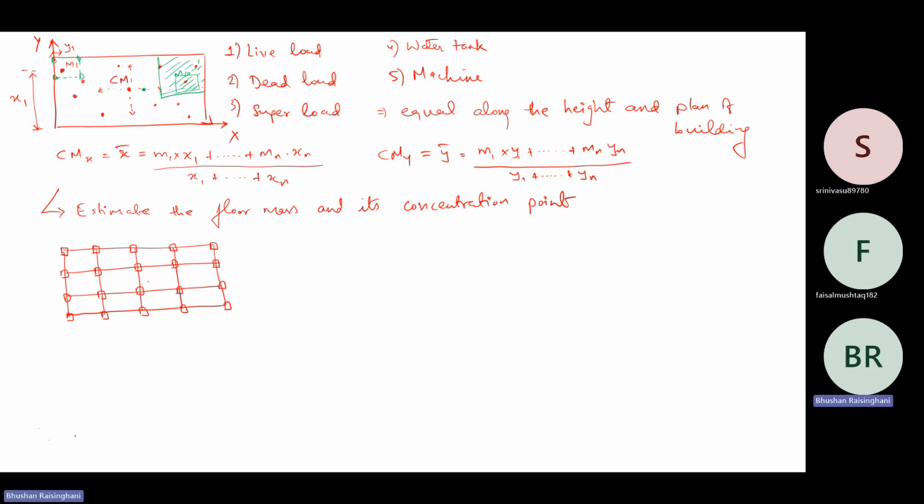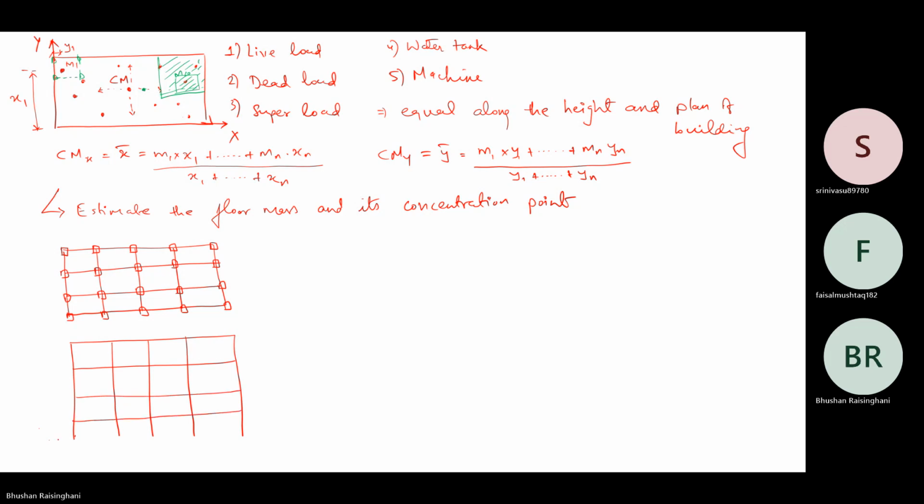So this way, the column positions will be like this. Let me draw it here below only. So this will be one, two, three, four, a four-story building, and this is G plus four.